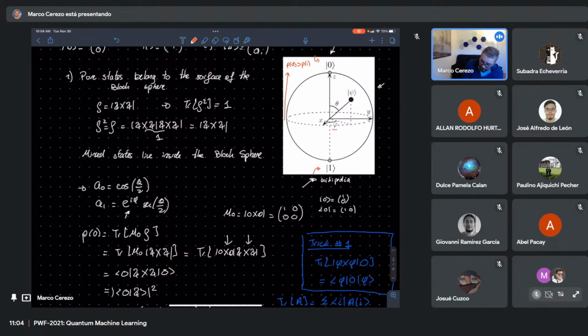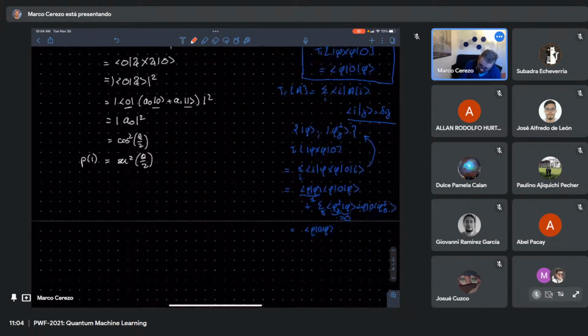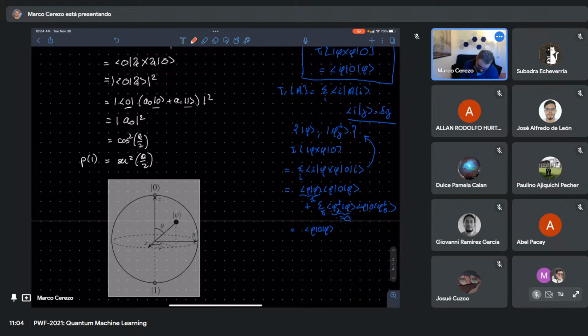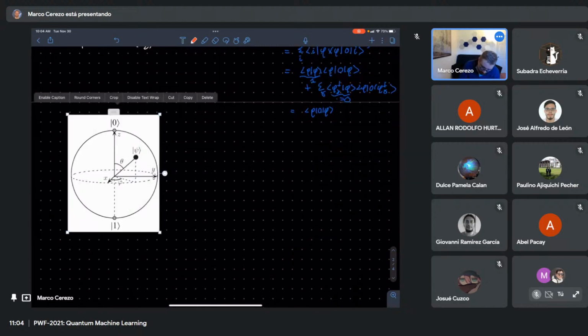And then what happens, right? Why doesn't phi play a role? Because you can see that if I have a state psi that is here, let me just put a new copy of the image so that we don't ruin this one with a lot of information. We know that if I have another state that has the same theta, but has a different phi, now phi is going to be somewhere over here, but theta is the same, so it has a phi prime.